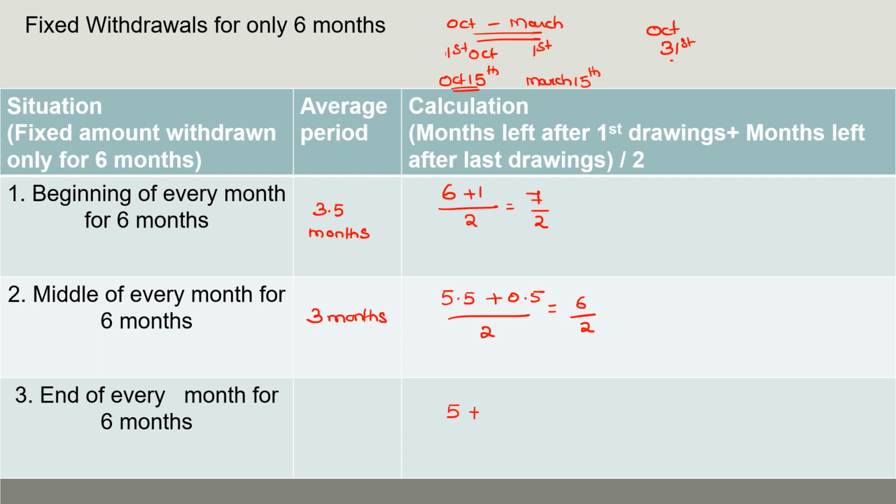And in the last month, it is going to be withdrawn on March 31st, so it is 0 months. So 5 plus 0 divided by 2, or 5 by 2, would be 2.5 months. So this is how we take the average period.